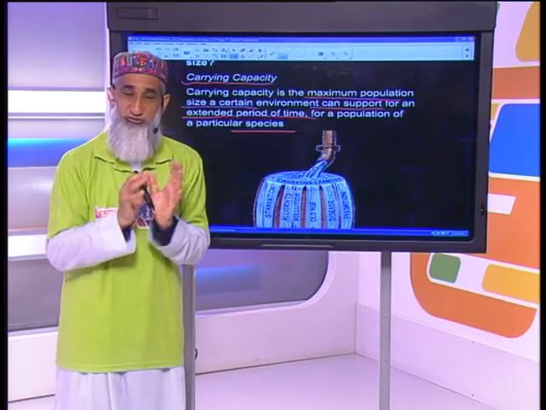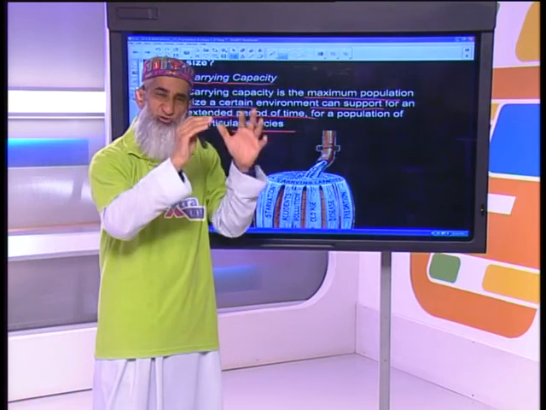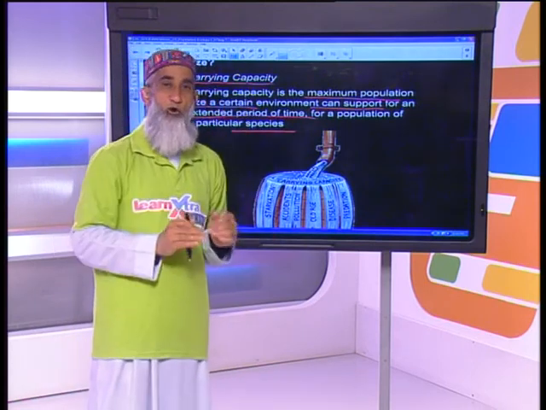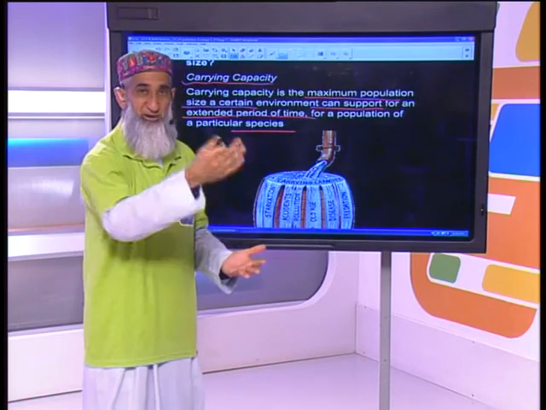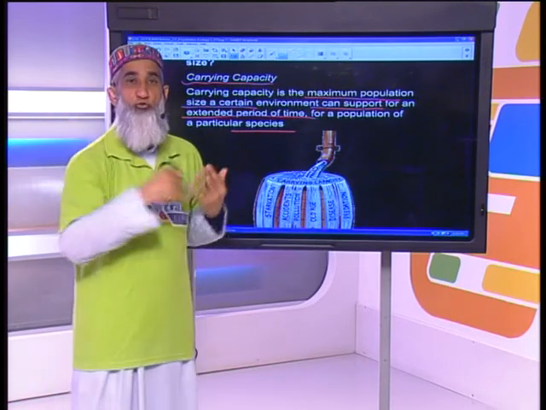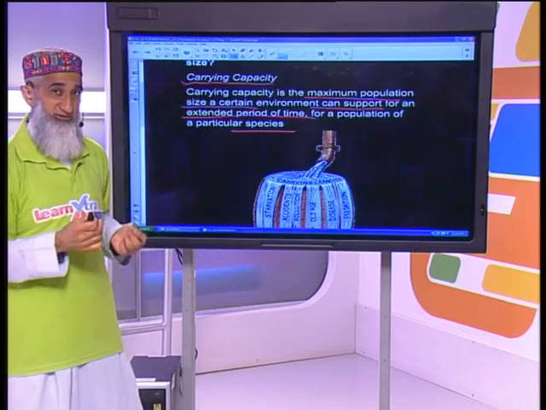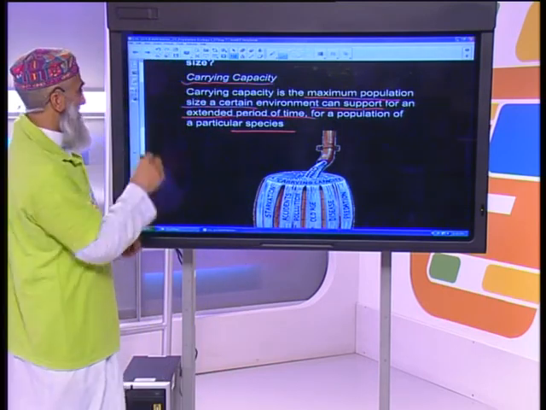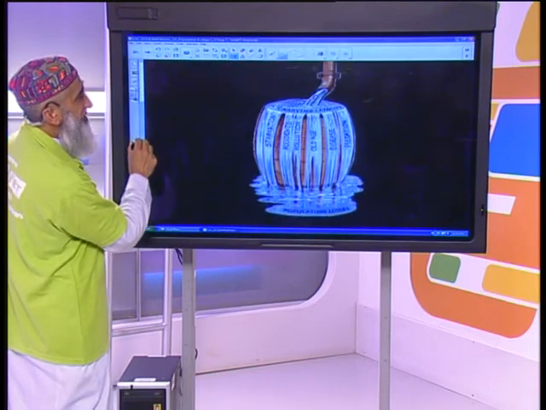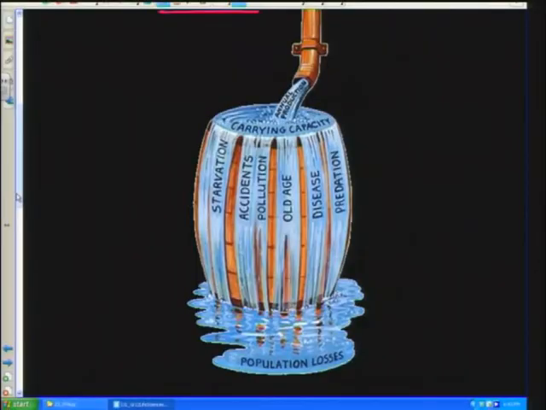So the environment too can only support a particular number of a particular type of organism because of the space, because of the amount of food, gases, etc. in that environment and other resources. So we call that its carrying capacity. And to give you an analogy of a bucket filling up here, the carrying capacity is at this level here.